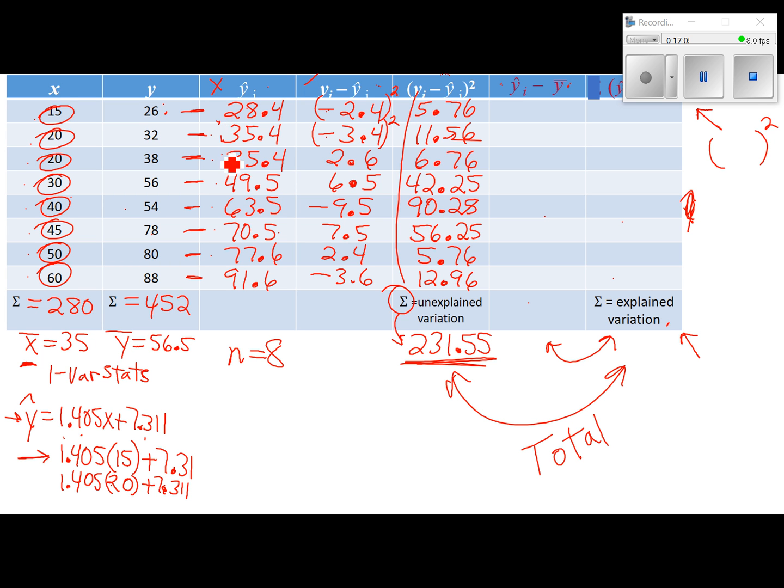All the way down through here, we're taking these y hats, and we're going to subtract off y bar, which we can find by using our calculators, the 1 bar stats.